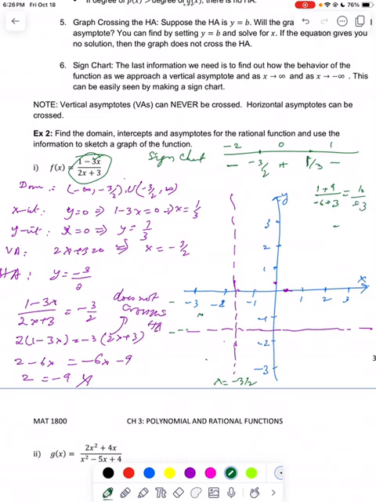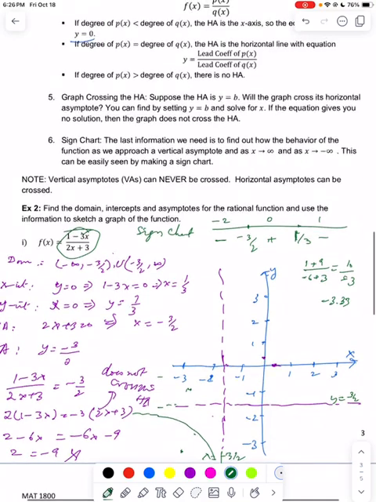So the value is somewhere here, which tells you the graph will be in this region. It will go like this, because it has to hug the vertical asymptote and the horizontal asymptote. So there can be no piece up here, because if I make a piece up here, then that is not a function, as the vertical line test fails.